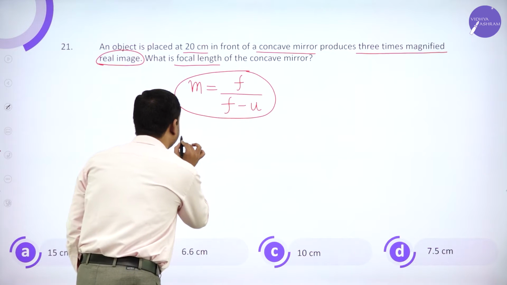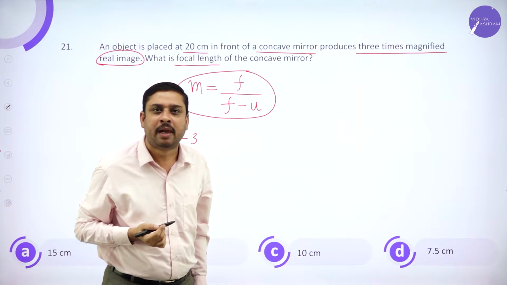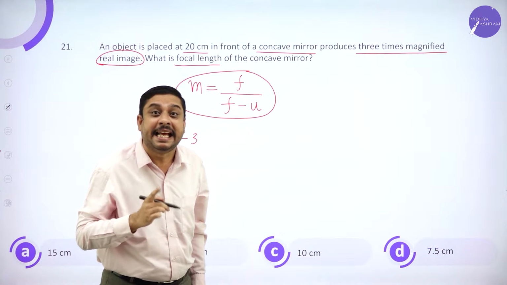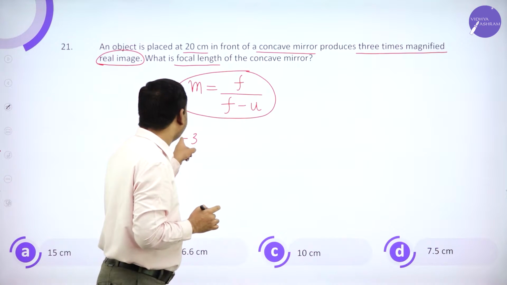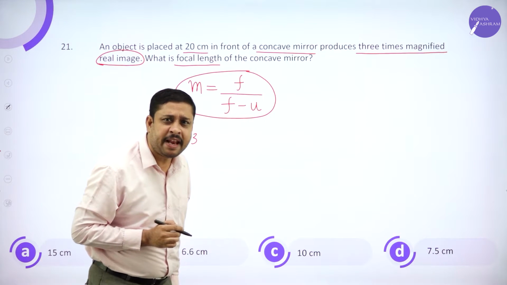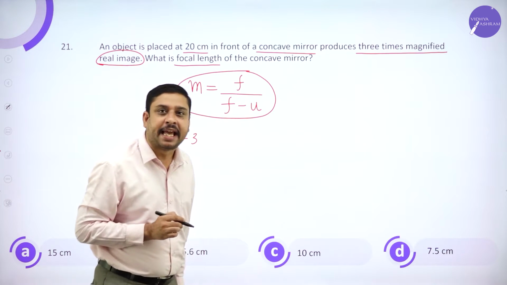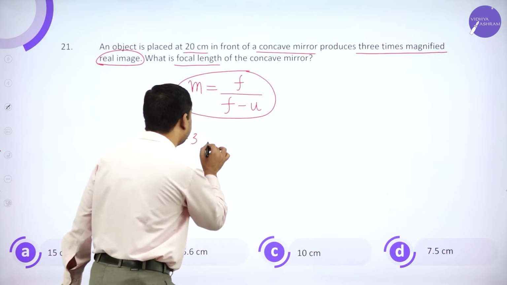Magnification is 3 times. Mistake, it is minus 3. Since a real image is formed, magnification is negative. Wherever real images are formed, magnification is negative.